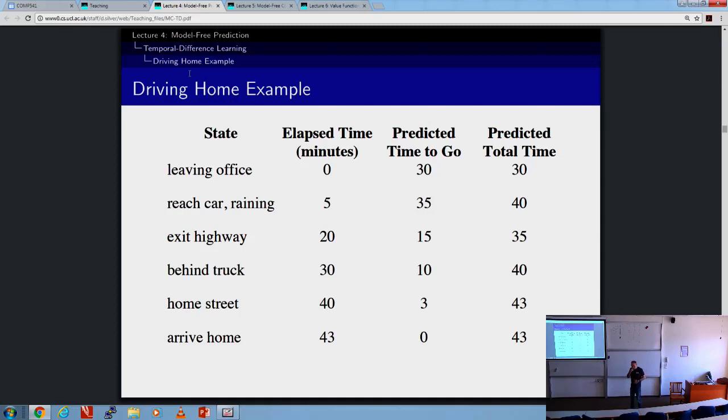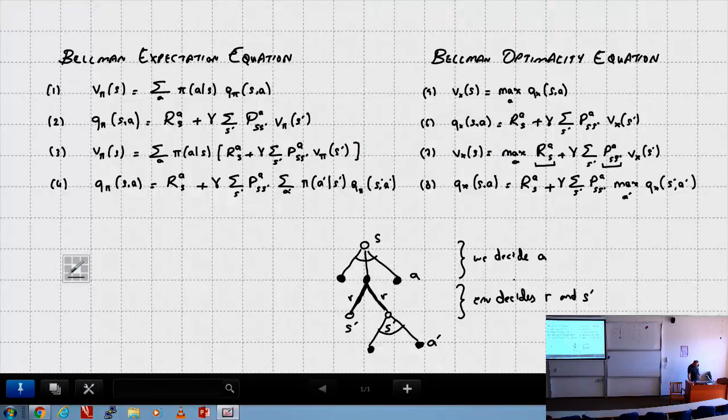So to summarize what we've seen so far, we've seen the reinforcement learning problem, where we have states, actions, and rewards, and we saw several ways of solving this problem.